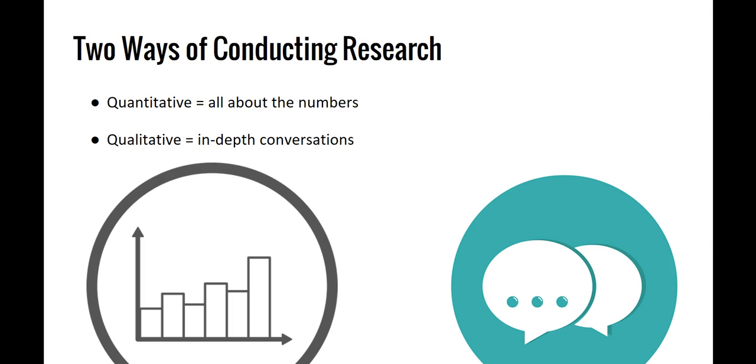It's a lot more complicated and a lot more involved to gather, but it can give you a much fuller picture of how people are reacting to your brand and what their decision-making process is.